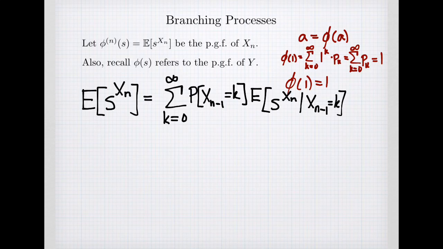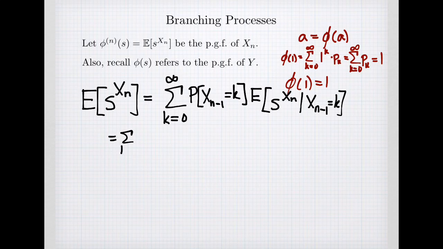Okay, so let's see. What we're going to do now is the same thing we did earlier. We're going to replace xn with the formula that xn is really a summation. So let's rewrite this.